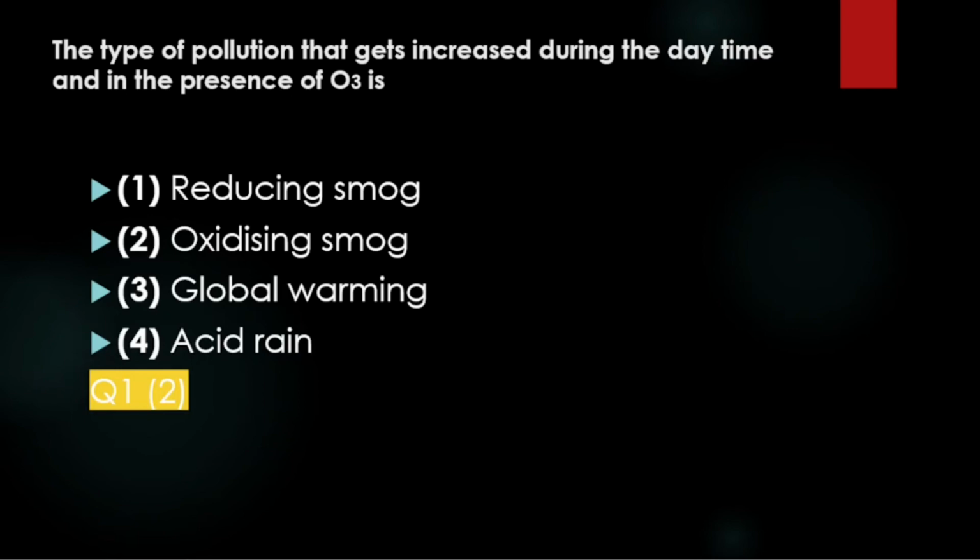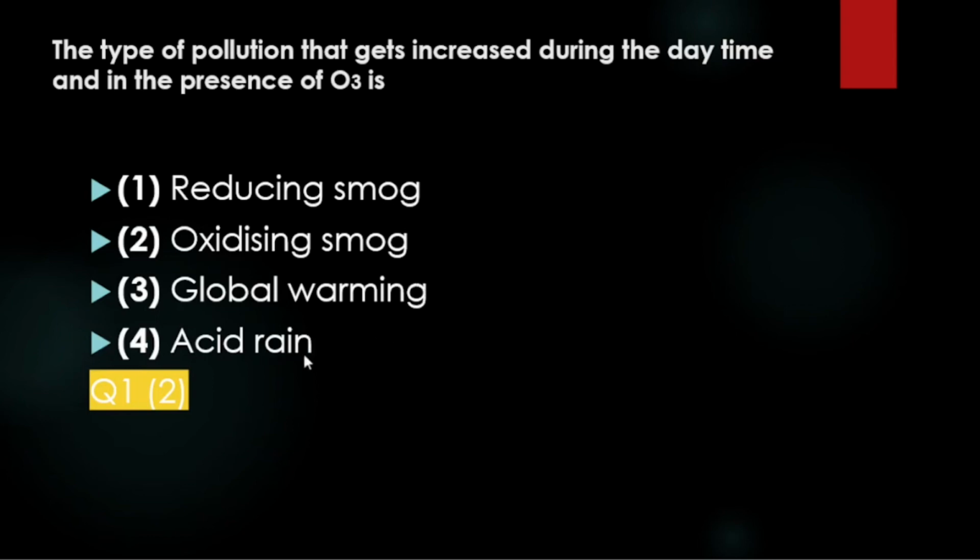We will recall what we have read in the NCERT book. The troposphere has not been mentioned, but we will assume it is the troposphere, because ozone is also present in the stratosphere. We are talking about the troposphere, meaning where we live. The options are reducing smog, oxidizing smog, global warming, acid rain.